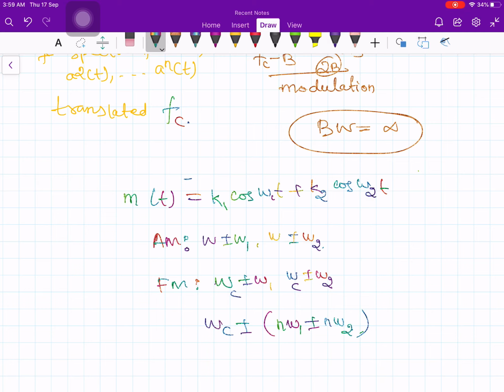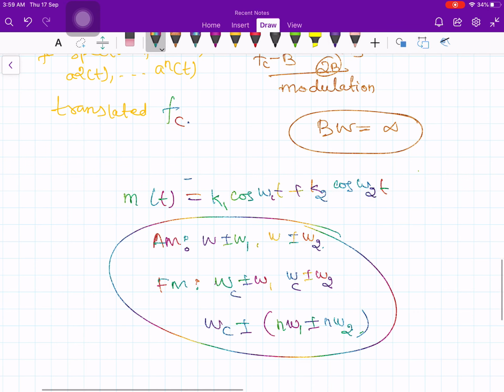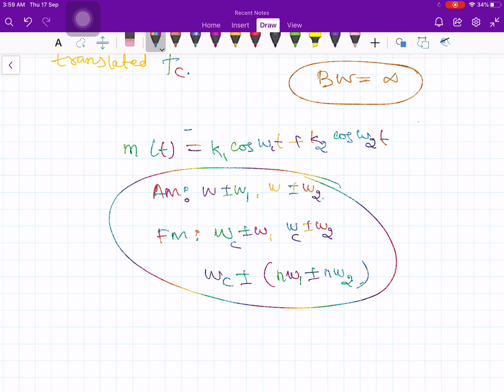Okay, so this is the result that we need to remember. So it has omega c plus or minus omega 1, then omega c plus or minus omega 2, omega c plus or minus n omega 1 plus n omega 2.